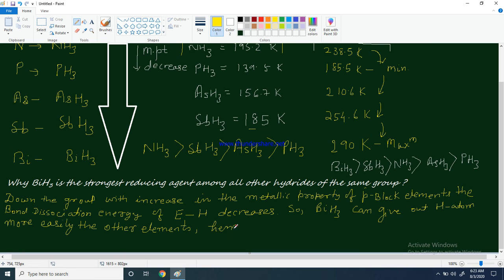Hence BiH3 has highest reducing ability, or we can write strongest for this.